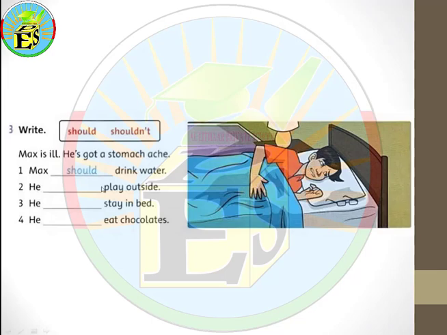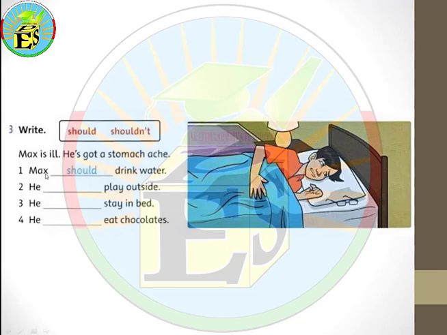I want you to go to the first page and tell me what's the matter with Max. So the sentence is written here, the first one. Max is ill. Why? He's got a stomachache. Why is that? Because he ate lots of cakes.